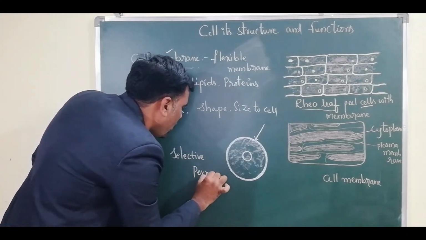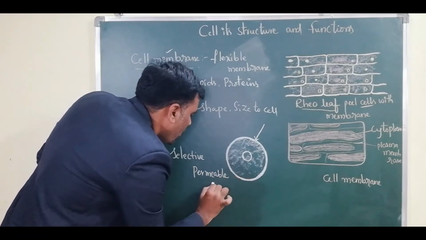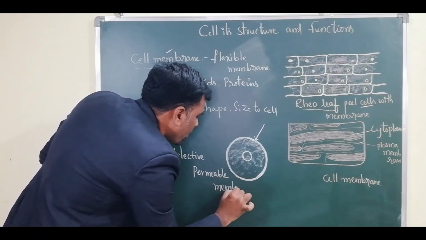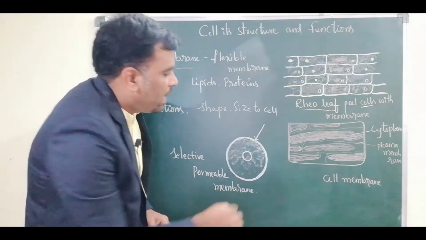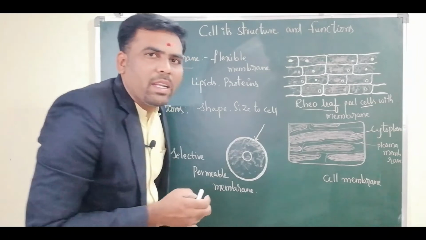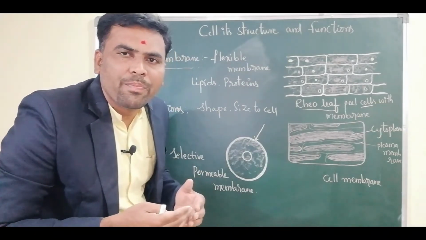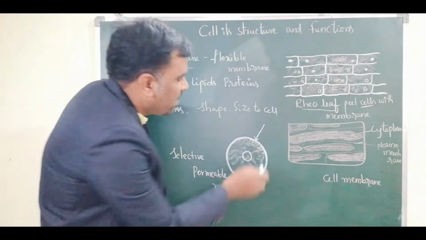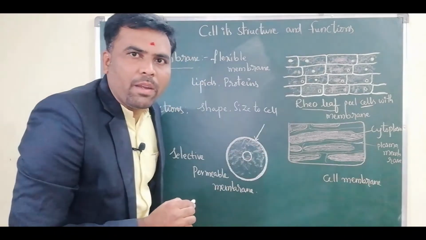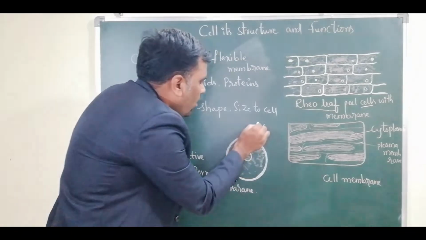Why is it called a selective permeable membrane? Because it allows only selected materials. Materials are exchanged. Which materials enter and which materials exit is decided by the cell membrane. It does not allow all the materials.